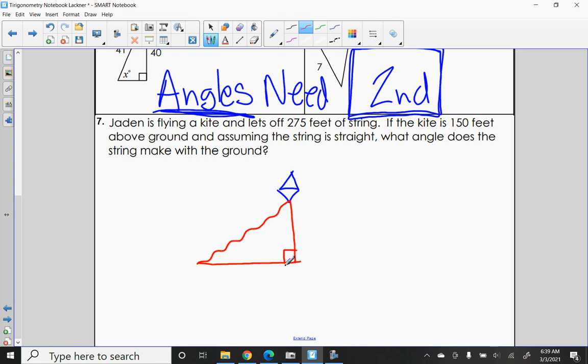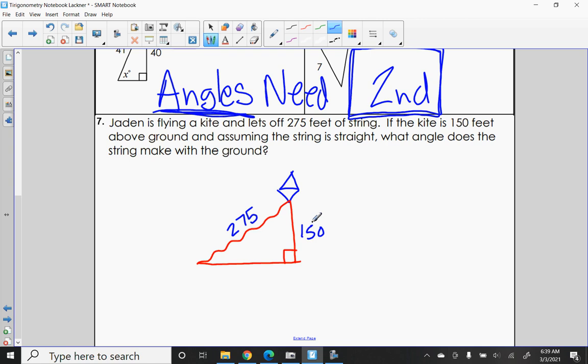Jane is flying a kite and lets off 275 feet of string. So hopefully, because of the way I drew this, you can tell that this is the string. So that is the hypo in our problem. If the kite is 150 feet above the ground, height is always your straight up and down vertical line. So there is your height.